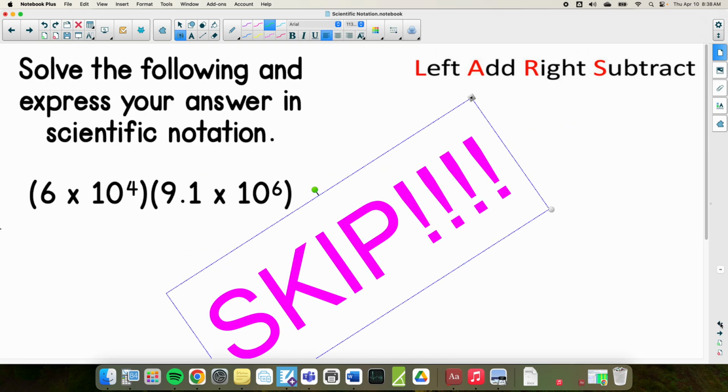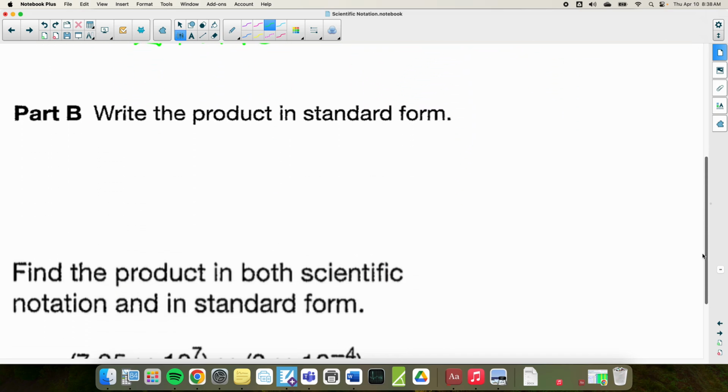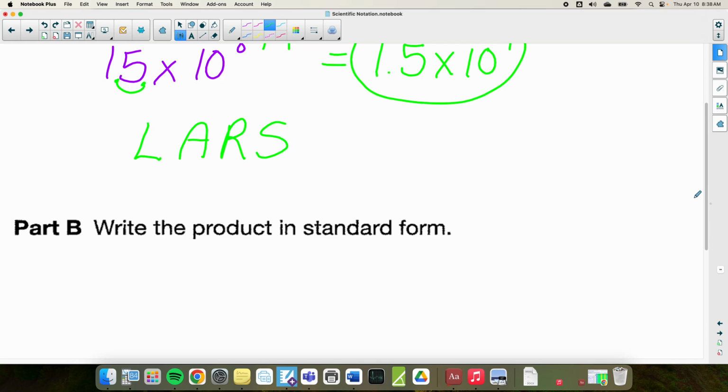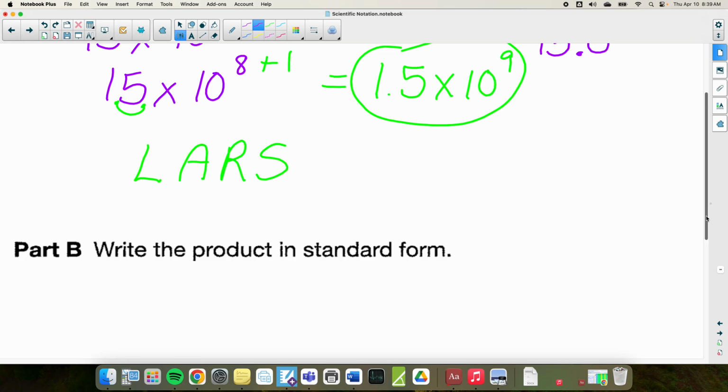Write the product then in standard form. So this is one of those that you have to write it all out. There's no answers for this. So we would just go 1.5 and we would move our decimal 9 places. So 1, 2, 3, 4, 5, 6, 7, 8, 9.